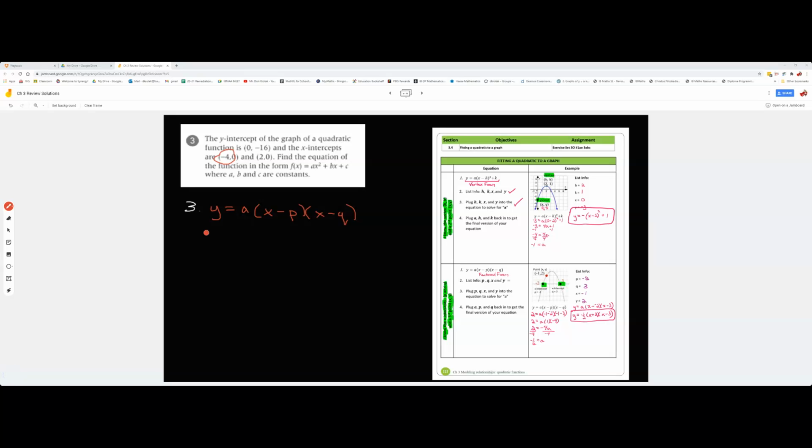All right, from the previous slide, we know A is equal to 2. And then we've got x plus 4, when we plug in -4 there, and then we've got x minus 2.